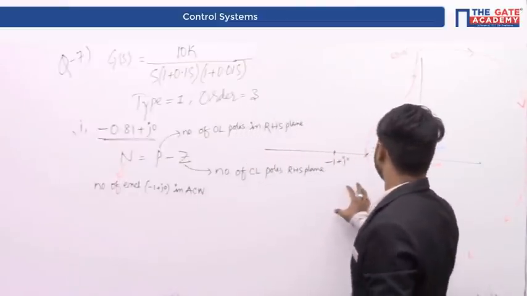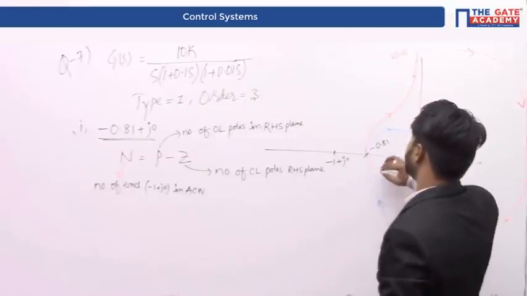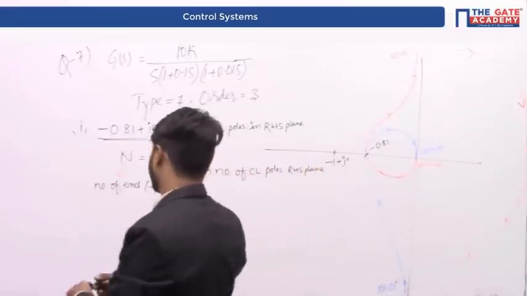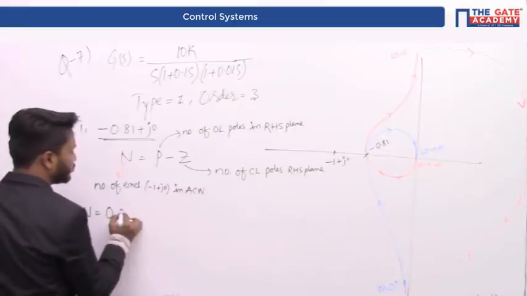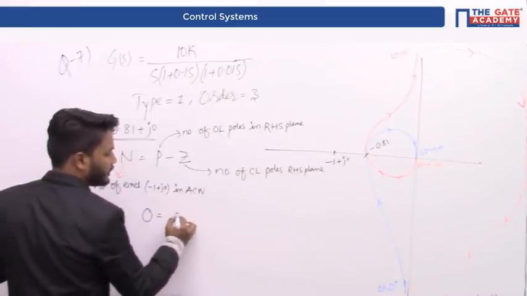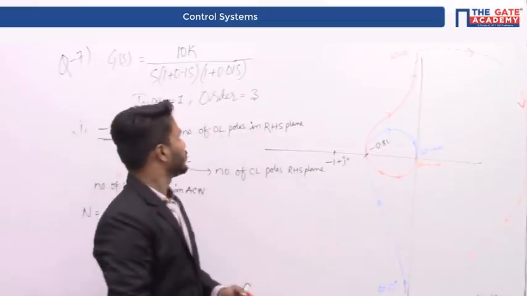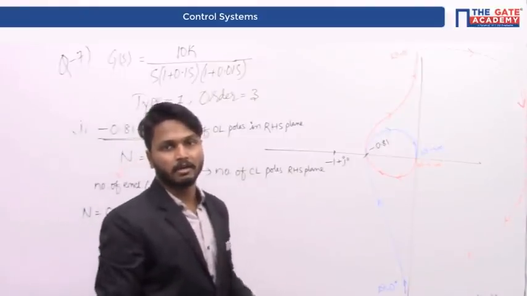Therefore, from this you can see it is not at all enclosing this minus 1 plus j0 point, which means the number of encirclements is 0. Therefore, N in this case is equal to 0. Therefore, 0 is equal to P minus Z. P is the number of poles lying in the right half of S plane. This was already given: the system has all the poles in the left half of S plane only.